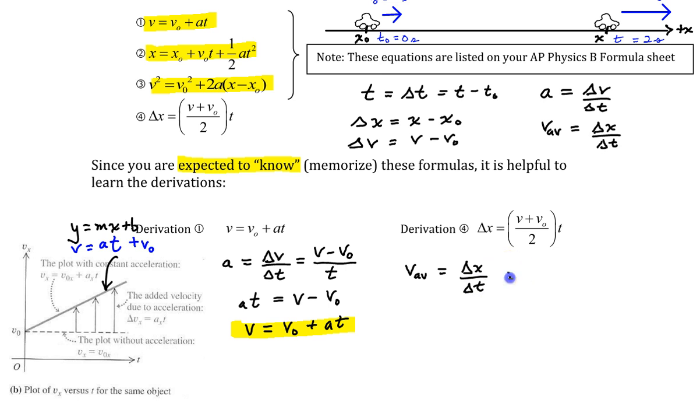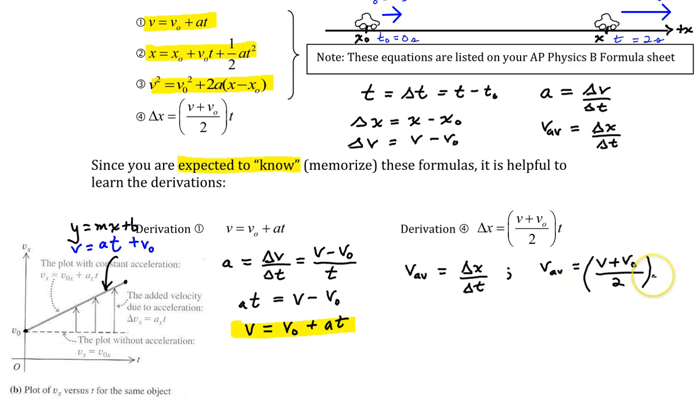But since the velocity changes at a uniform rate over time, we can use as well the average velocity is the average of, say, two different velocities at, say, here and another point over here, the final velocity. So we could take the final velocity, v, plus the initial velocity, v sub 0, and then take the average of those two, so we'll just divide that by 2.